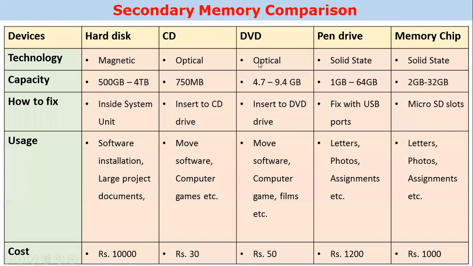Then pen drives and memory chips both use another kind of technology, solid state, electric technology. They are using solid state technology. These are the technologies used to store data and information.